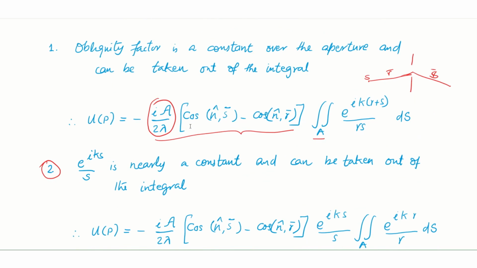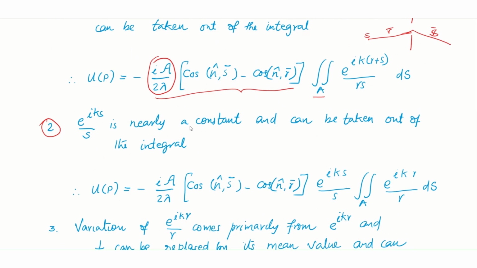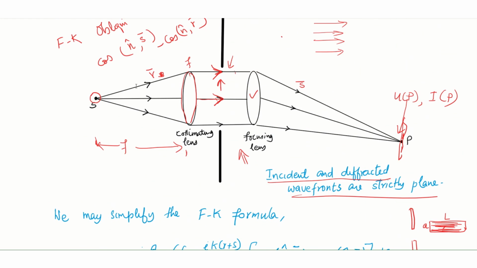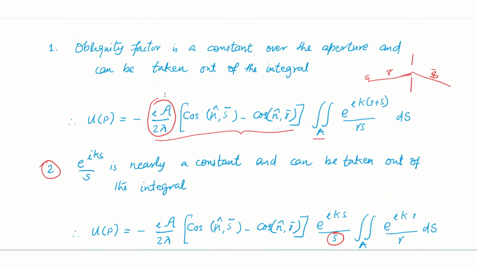Not really a constant, but since the slit is normally small, you can assume that if this is S0, this is going to be S0 plus delta S, and if that delta is a constant, then e to the power iks over s over the aperture is going to be a constant.